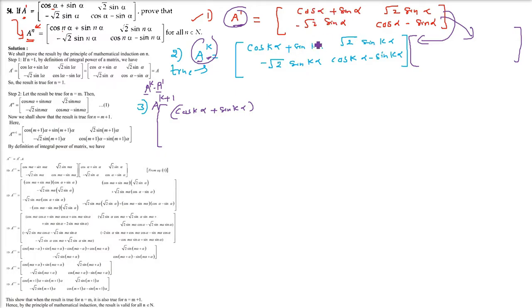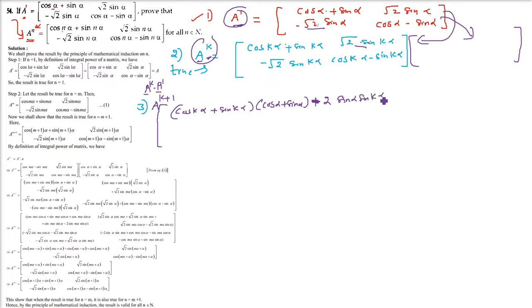This is the first multiplication, plus the second value of the row with the second value of the column: root 2 sin k alpha into minus root 2 sin alpha. I am directly writing, because root 2 and root 2 is 2, and just put a negative sign here. So minus 2 sin alpha sin k alpha.